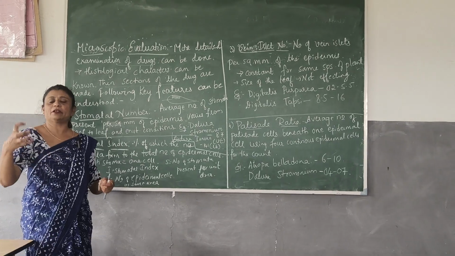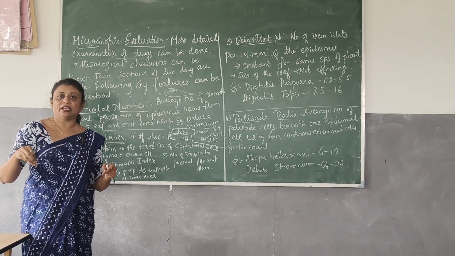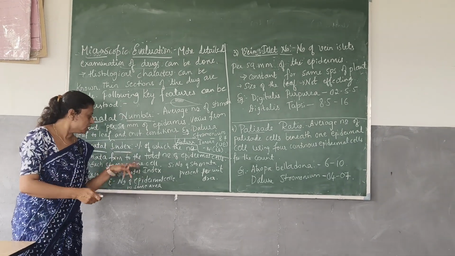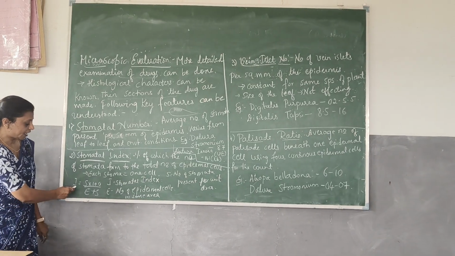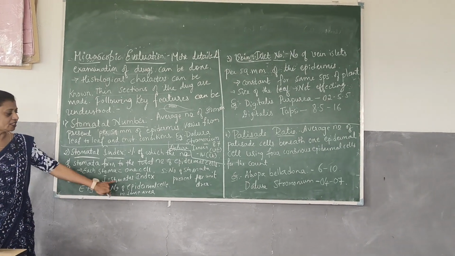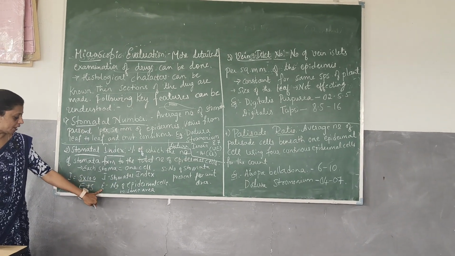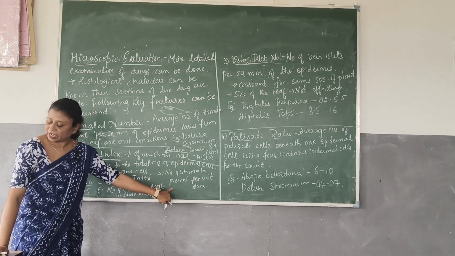How many epidermal cells are there, and in that how many stomata are present. That percentage is calculated in the stomatal index using the formula I = S × 100 / (E + S). I is the stomatal index, E is the number of epidermal cells in the same area, and S is the number of stomata present per unit area.